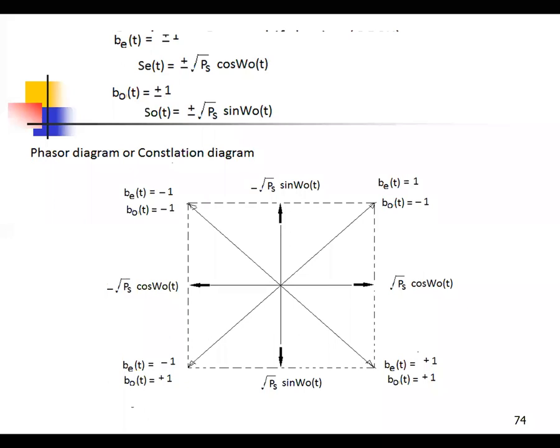Simply draw the phase angles of the two BPSKs merged here. One BPSK has root Ps cos omega naught t and minus root Ps cos omega naught t. Another BPSK has root Ps sin omega naught t and minus root Ps sin omega naught t. Okay. So these are the phasor diagram, phase angles, or constellation diagram of QPSK.